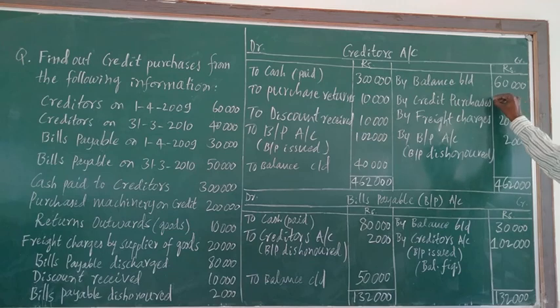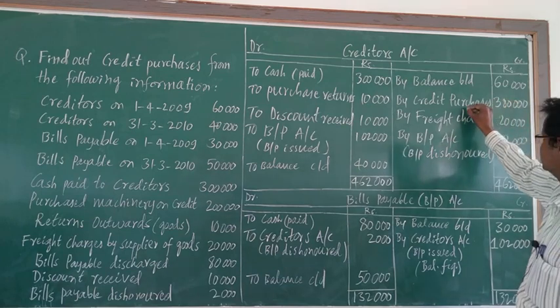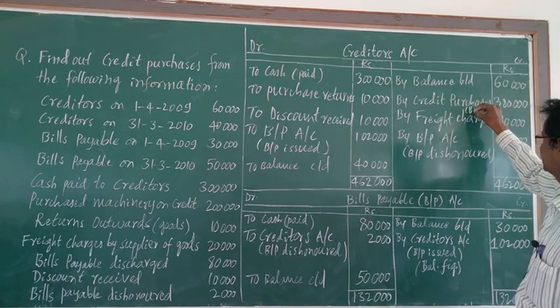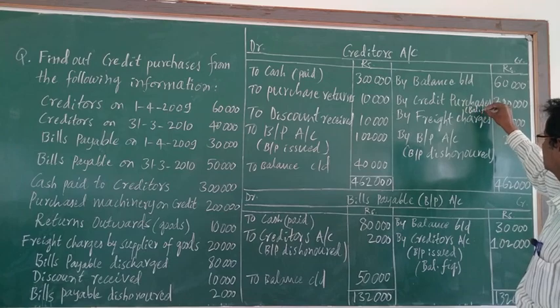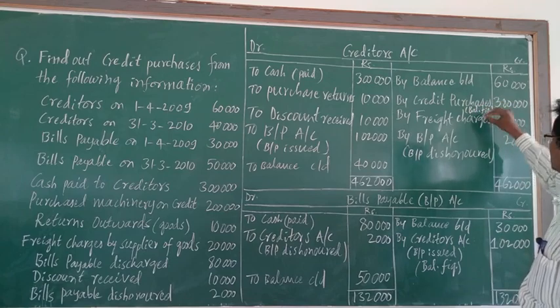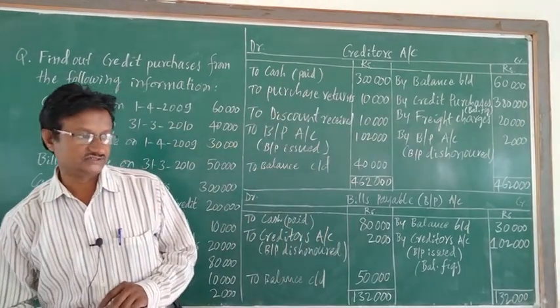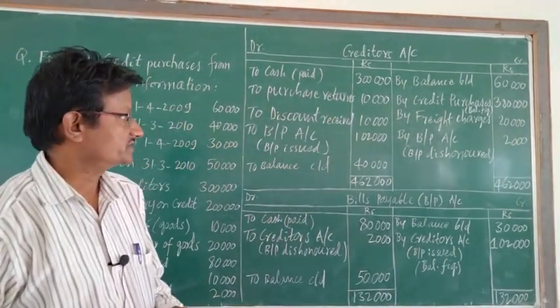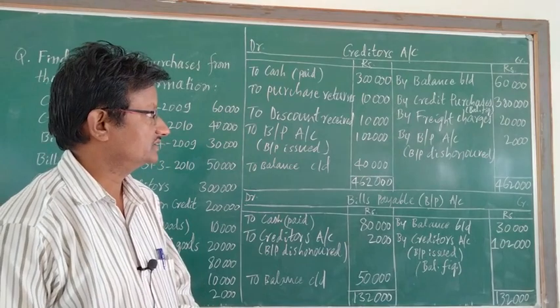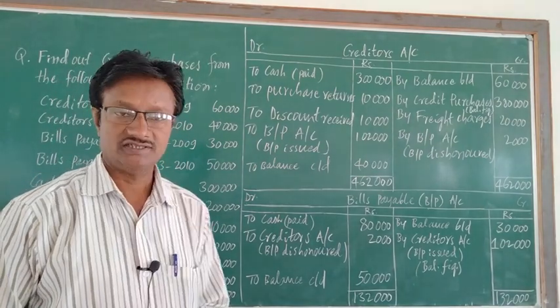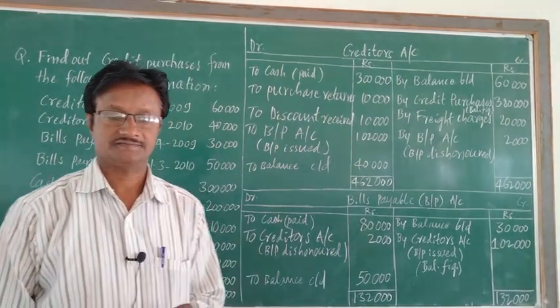The difference is 3,80,000. Here 3,80,000 is the balancing figure, and it is the credit purchases.